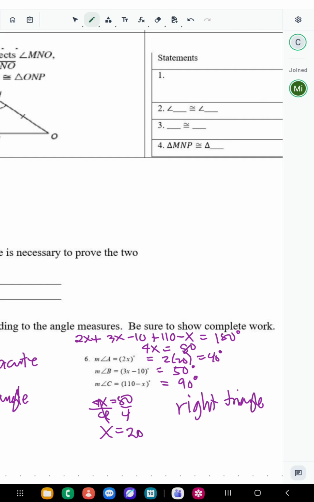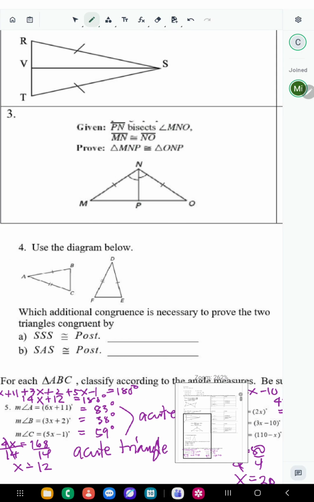That one is for the angle. But for the sides, we have equilateral, scalene, where none of the sides are congruent, and isosceles.